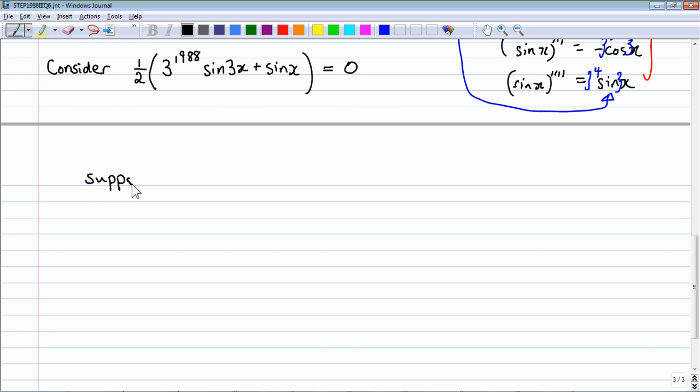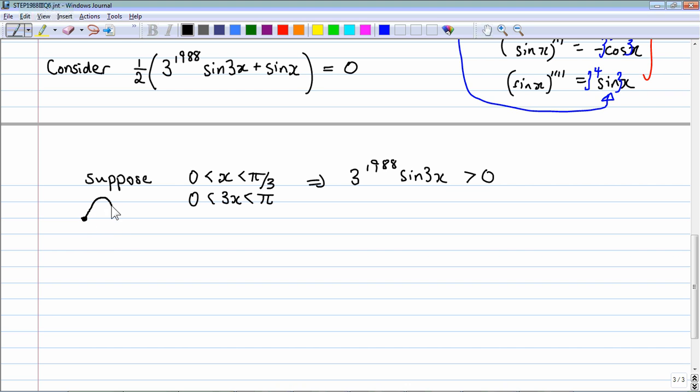Now we're trying to find the smallest positive value of x. So suppose x is between 0 and pi over 3. Then the term 3 to the 1988 sine 3x is positive. Why is that? Because if x is between 0 and pi over 3, then 0 is less than 3x is less than pi.